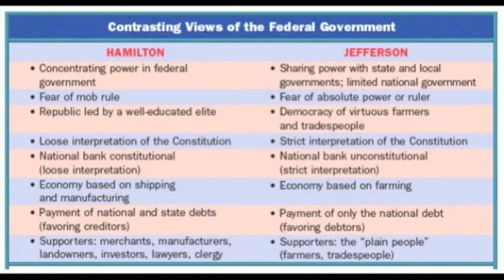The Democratic Republicans believed in limited federal power and a strict interpretation of the Constitution. The Federalists wanted a strong federal government and interpreted the Constitution loosely. Because Washington was a Federalist, many of Hamilton's political and economic policies were enacted in the first 8 years of the United States.